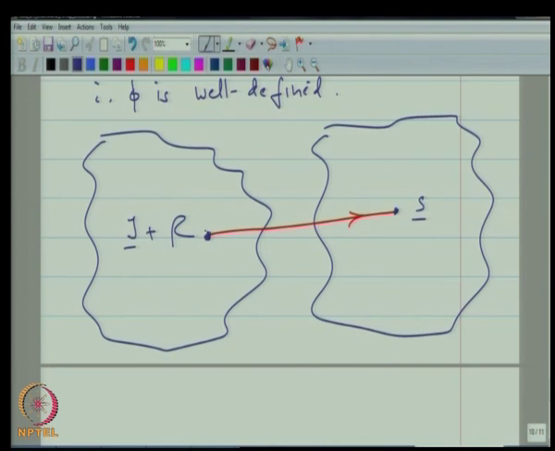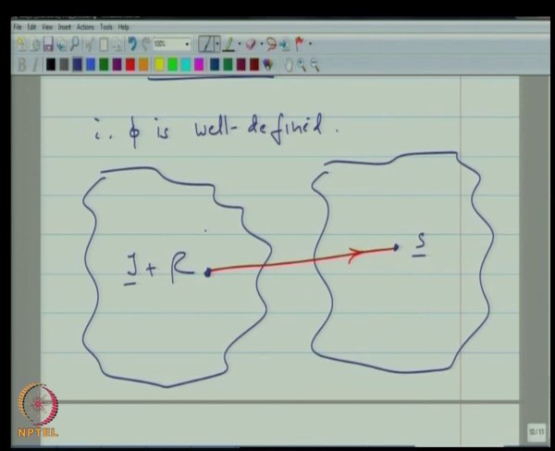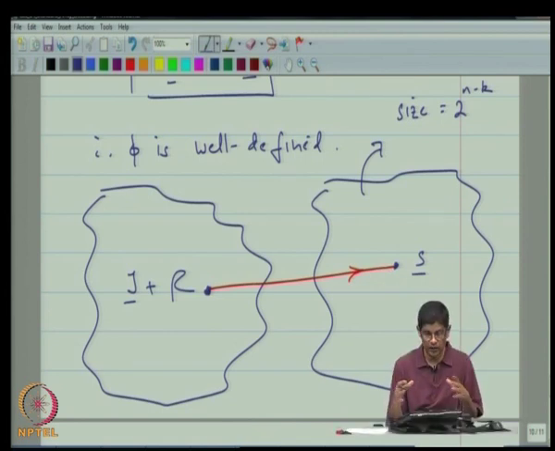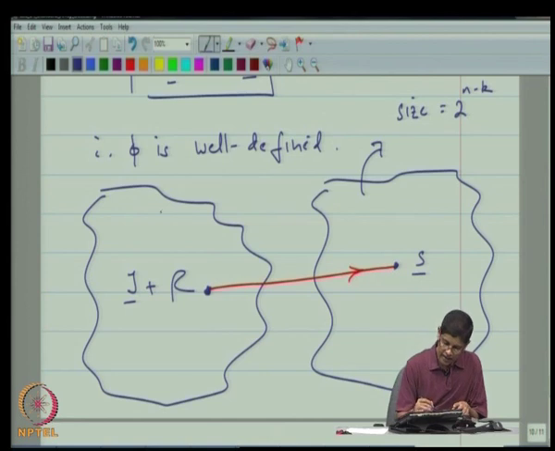Now, a quick check will tell you that the number of possible syndromes is 2 to the n minus k. So, this set is of size 2 to the n minus k, and since the set of all n tuples is partitioned into cosets by a code and the code has size 2 to the k, there are 2 to the n minus k cosets as well.